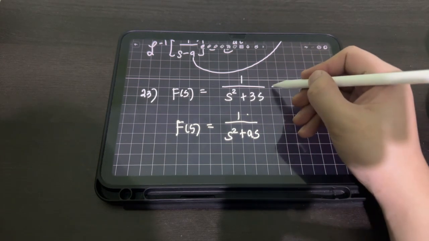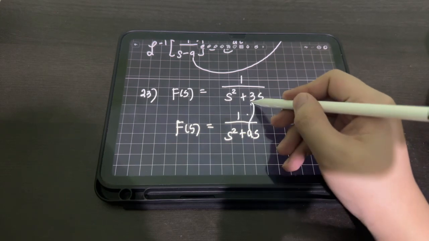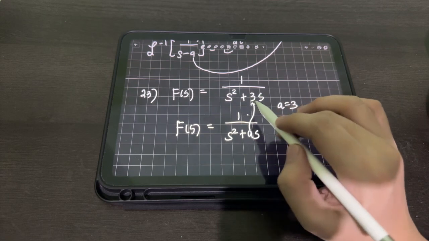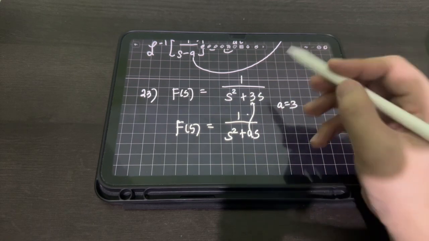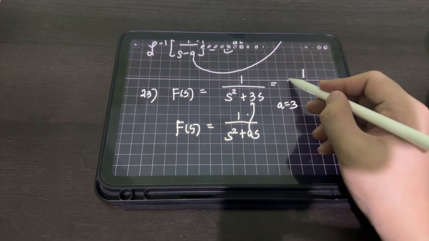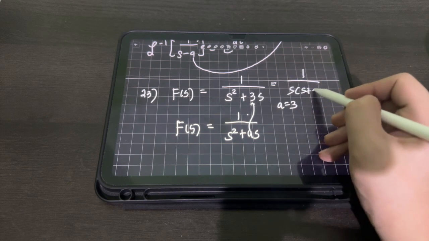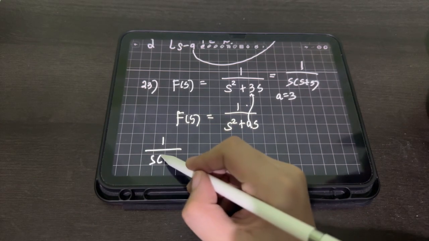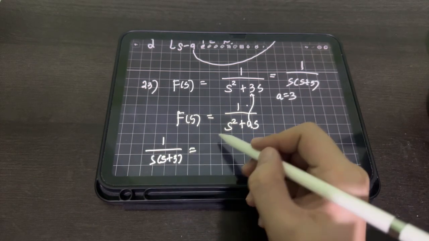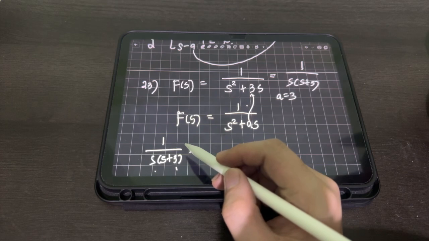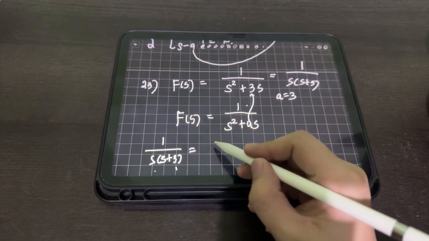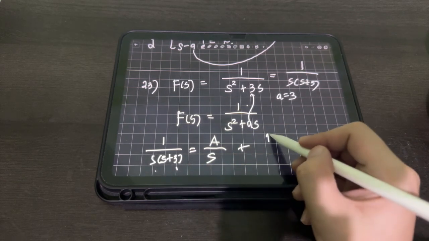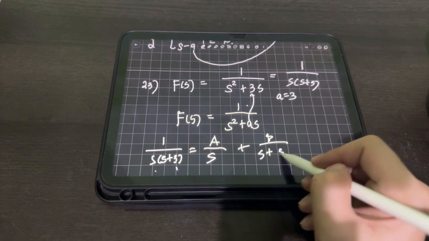Therefore, if we assign the value of a here as equal to 3, we can also decompose this as a sum of partial fractions. If we factor this as 1 over s times s plus 3, as a sum of partial fractions, since this is the same case as in previous problem 22, it can be decomposed as A over s plus B over s plus 3.